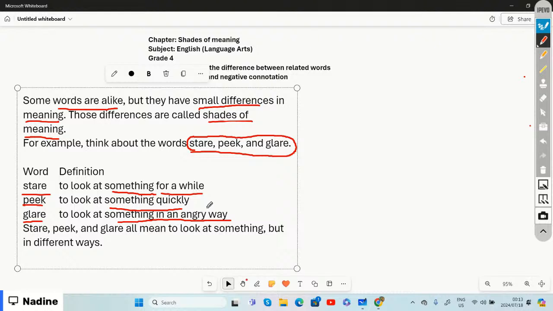And we specifically looked at stare, peek, and glare. So stare is to look at something for a while. Then we have peek, which is to look at something quickly. And then we have glare, and that is to look at something in an angry way.